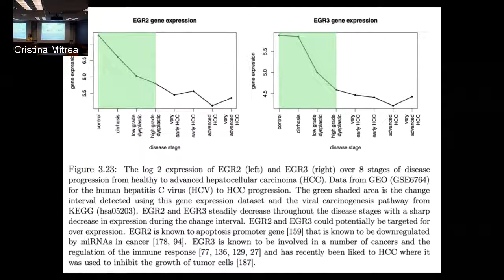The genes that were included in our analysis and genes that change during the change interval, we would think those are early markers of the progression towards disease. And we found genes that are of interest for hepatocellular carcinoma. They're not new genes, they're not new candidates, but it again gives us confidence that the method is going in the right direction. So that's a use case of the method.